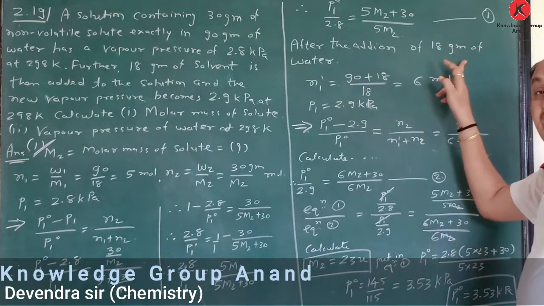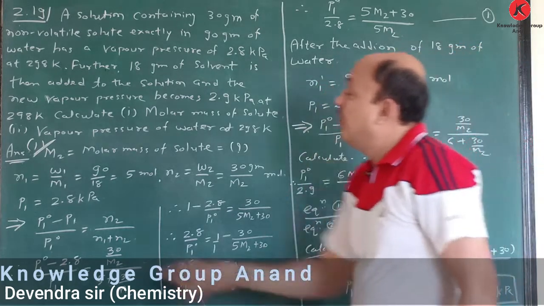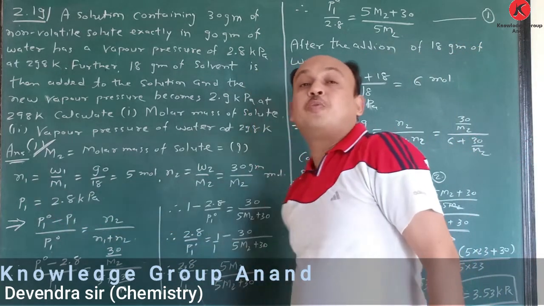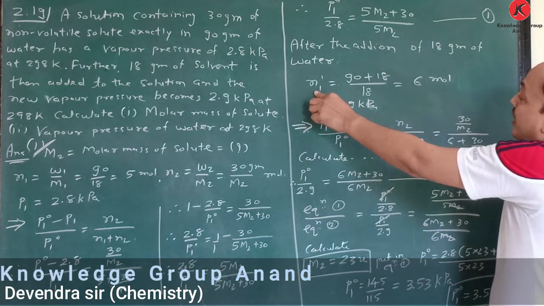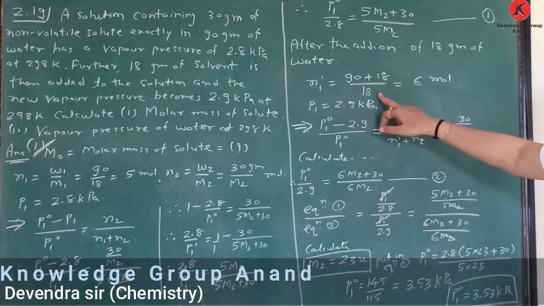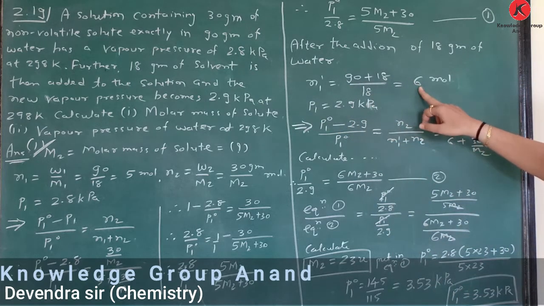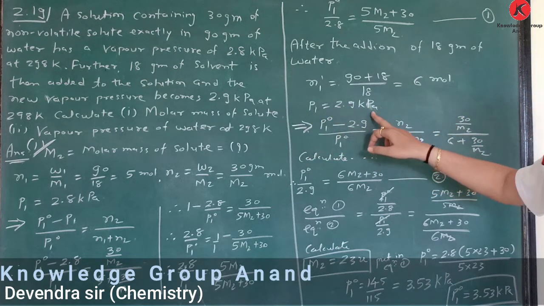After the addition of 18 gram, this is very important. 18 gram of water is added. That means the moles of water have changed, and that is N1 dash. New moles of water is N1 dash, equal to (90 plus 18) divided by 18. So 6 mole is that. P1 has changed. You see 2.9 kilopascal is given.